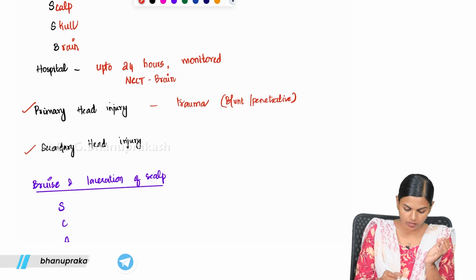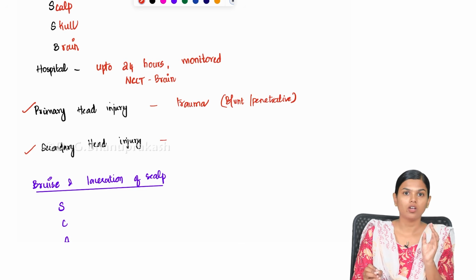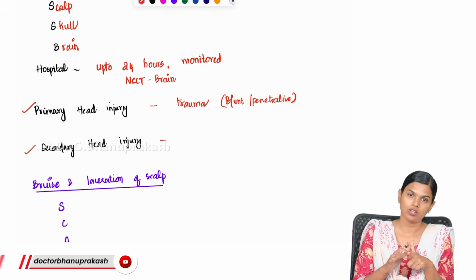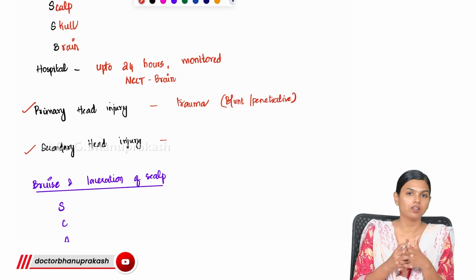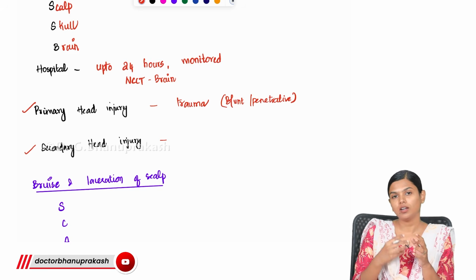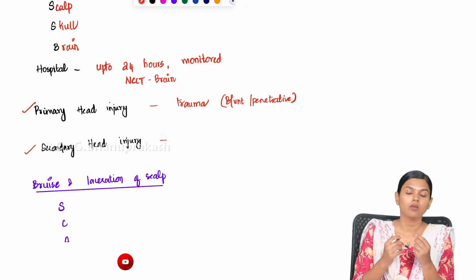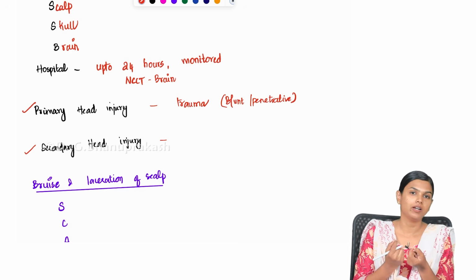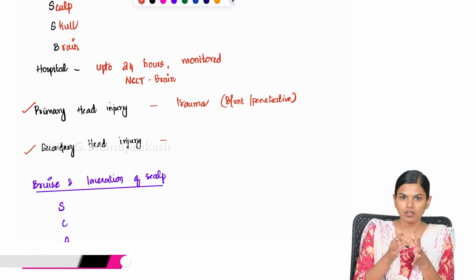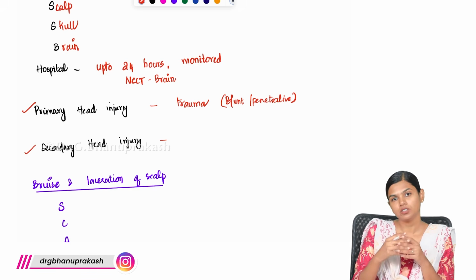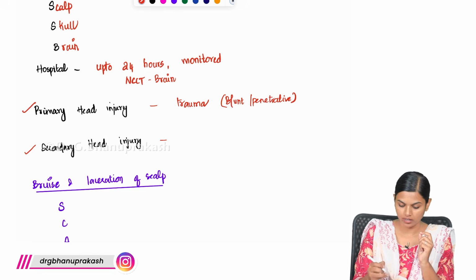Now, we are going to see secondary head injury. Secondary head injury means because of the primary head injury, let's say a patient is suffering from subdural hemorrhage. Slowly he is getting a lot of hemorrhage and a big mass forms, or an EDH, where a very big amount of blood is concentrated in the area. Now this will act like a space occupying lesion, right?